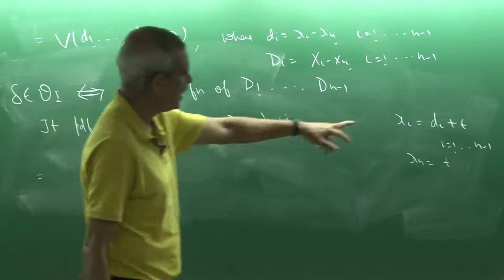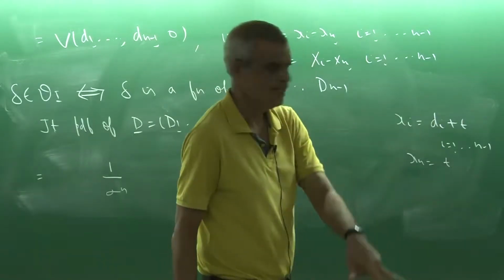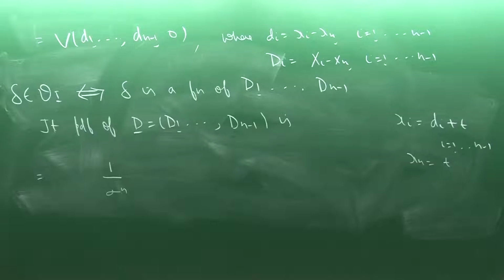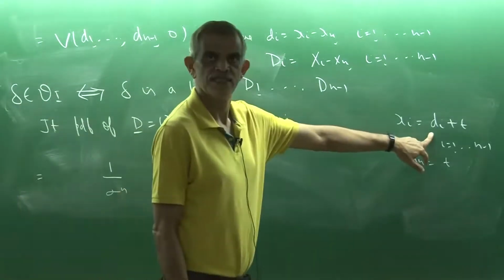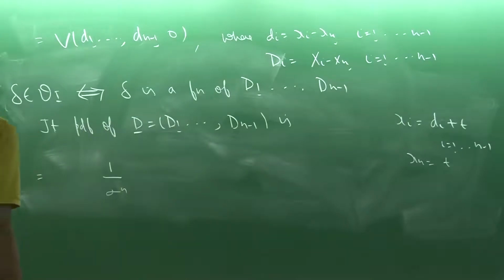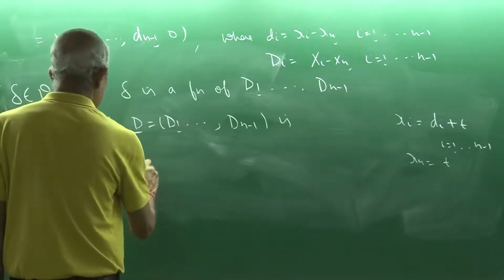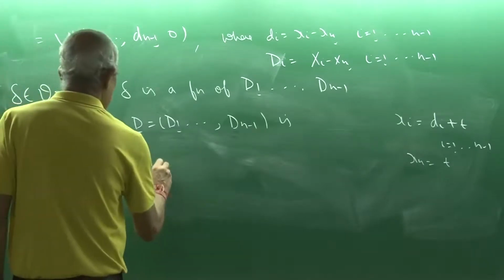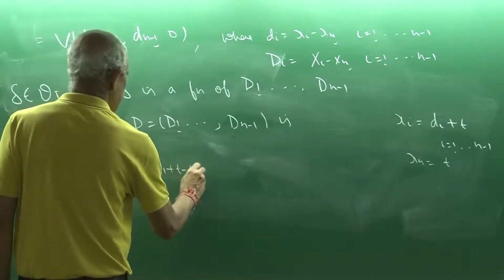Now the Jacobian in this case would be 1, because it would be a diagonal matrix with 1 element everywhere, and the last column would be 1, 1, 1, 1. So a triangular matrix in fact, an upper triangular matrix, so the determinant would be the product of diagonal elements. Each diagonal element is 1. So 1 by sigma to the power n, f of x1 minus mu by sigma. So x1 minus mu is nothing but d1 plus t minus mu by sigma.